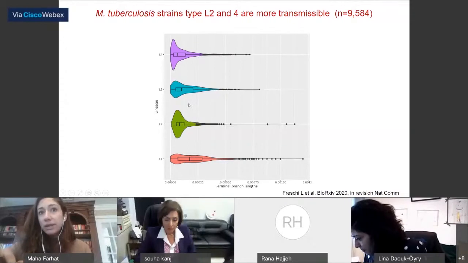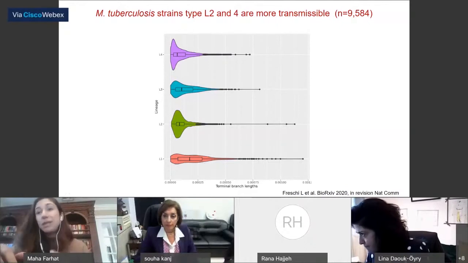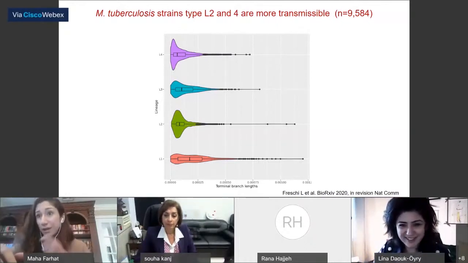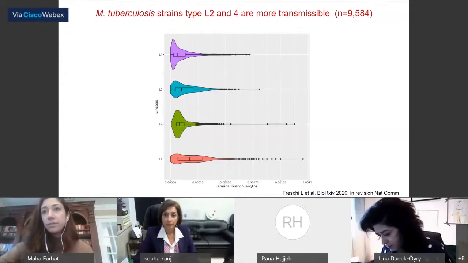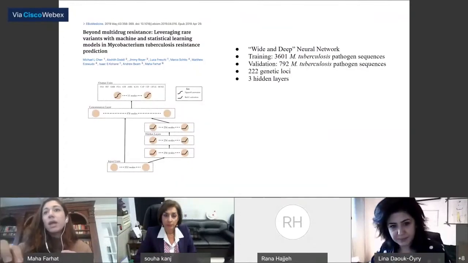We demonstrate here that for lineages 4 and 2, which are two specific types of TB strains, there are shorter branch lengths, and the p-values are very, very tiny compared to lineage 3 and lineage 1 isolates, demonstrating that there are TB strains that are more transmissible, more efficient at spreading between patients than others. So this is not just a phenomenon restricted to viruses.